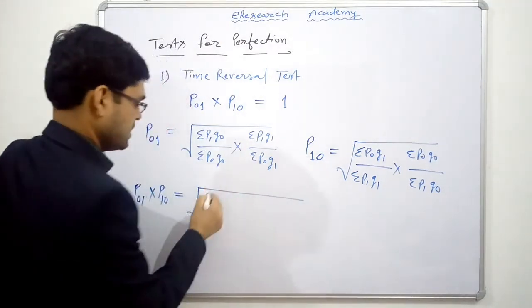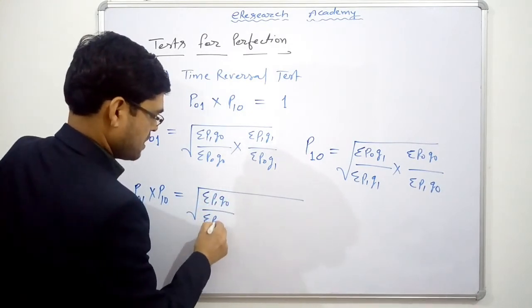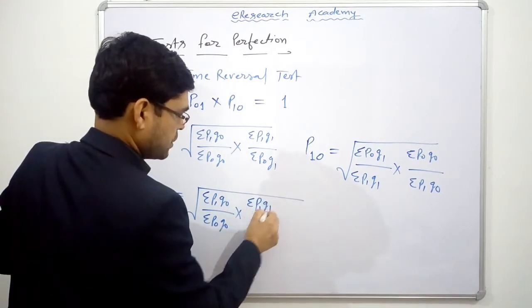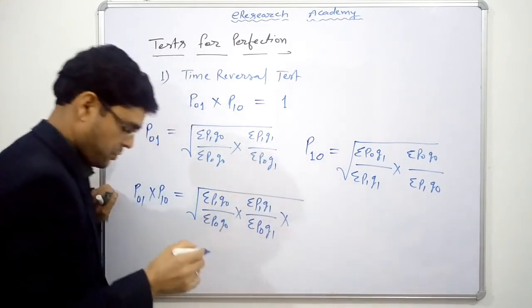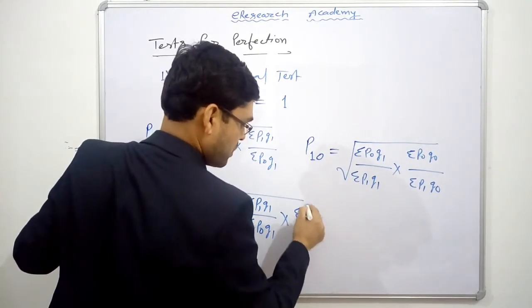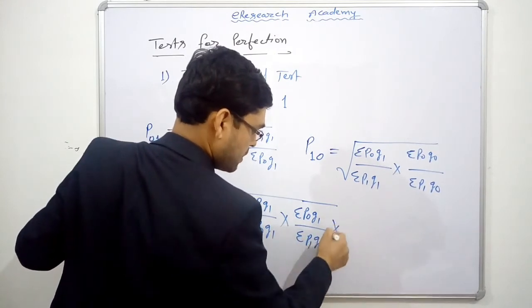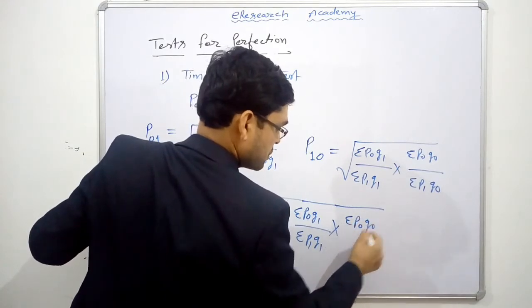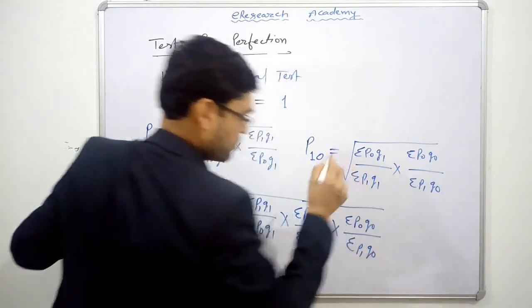It gives sigma P1 Q0 upon sigma P0 Q0 into sigma P1 Q1 upon sigma P0 Q1 into sigma P0 Q1 upon sigma P1 Q1 into sigma P0 Q0 upon sigma P1 Q0.